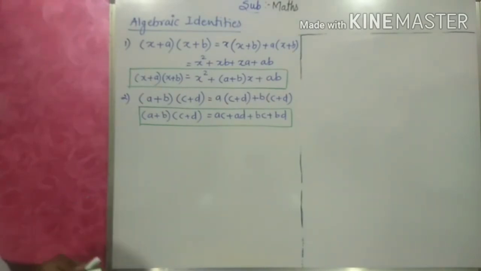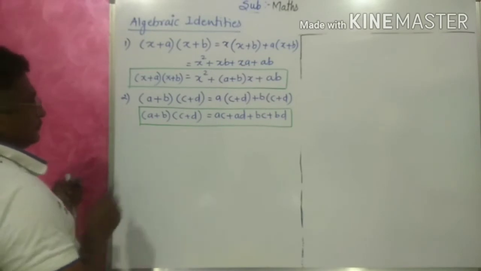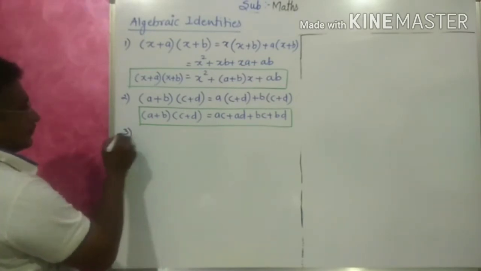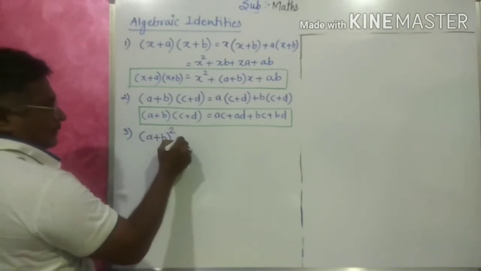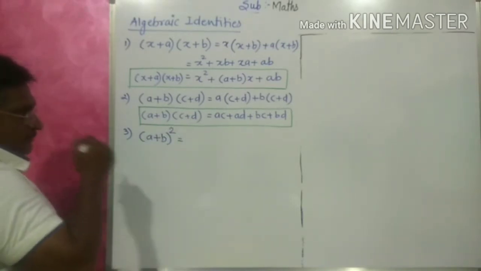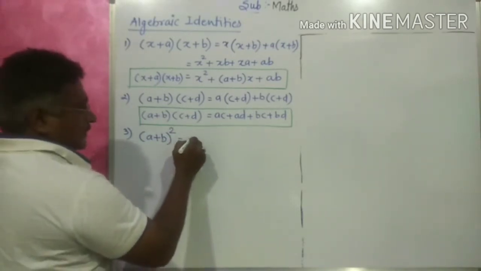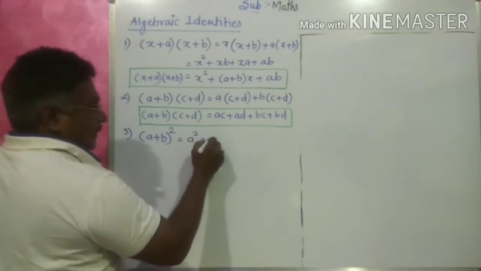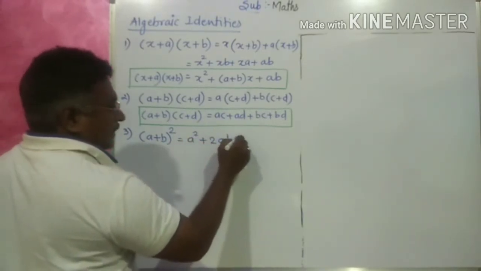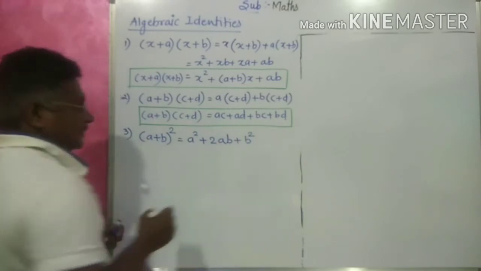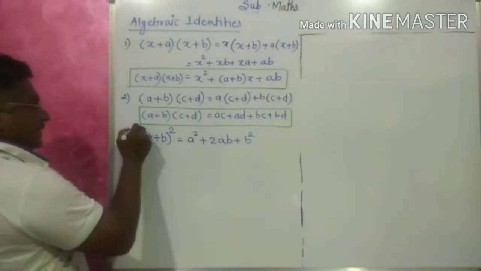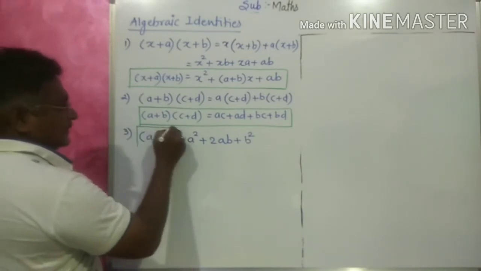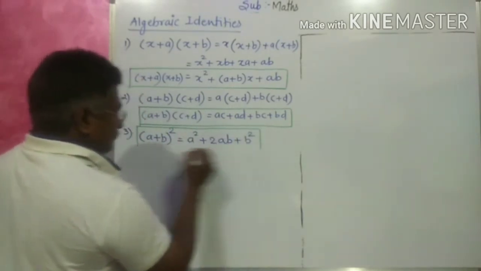Okay students? Now third, (a plus b) whole square, which equals a square plus 2ab plus b square. This we studied last year in 8th standard.